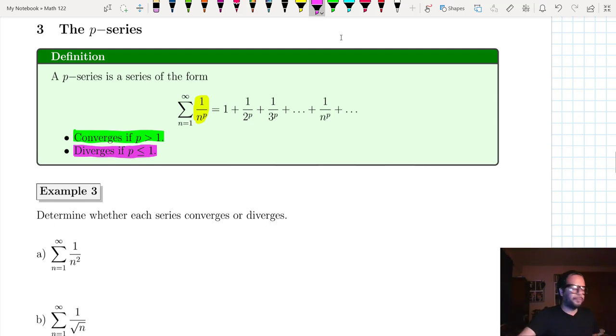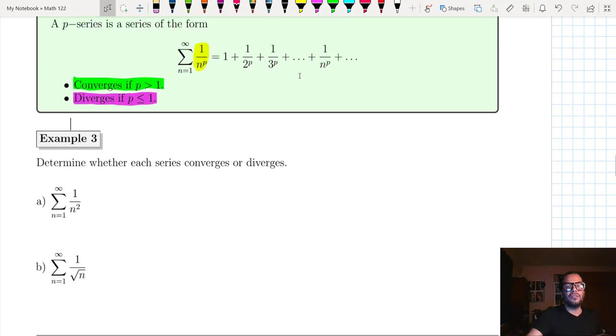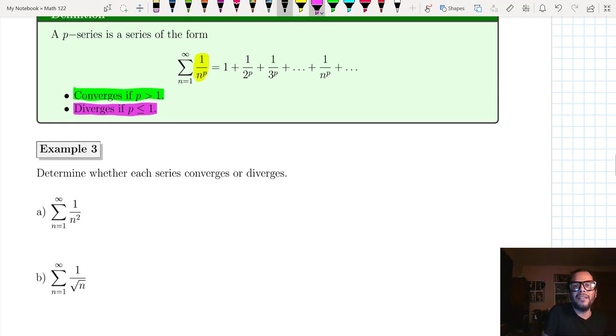Okay? So in this case, let's determine whether the series converges or diverges. Highlight the letter P, in this case the power 2. It is the case in this one that 2 is greater than 1.